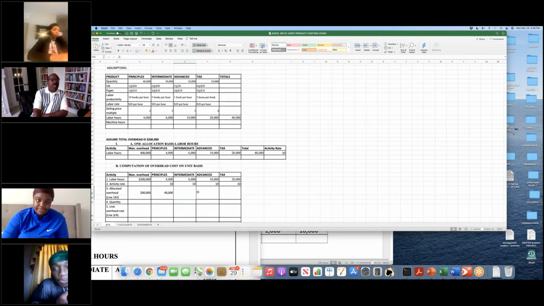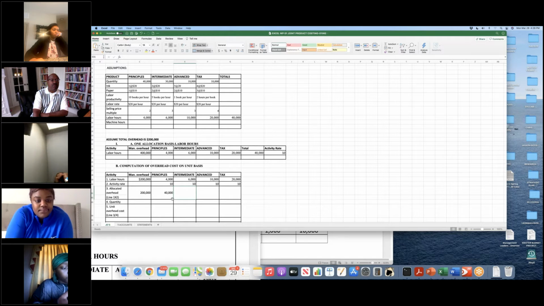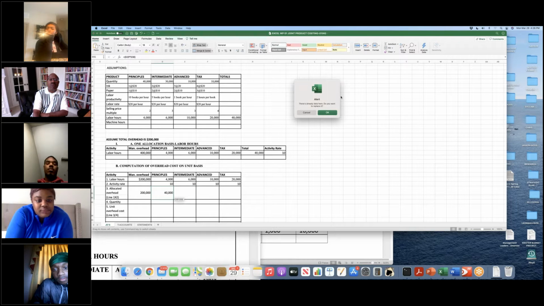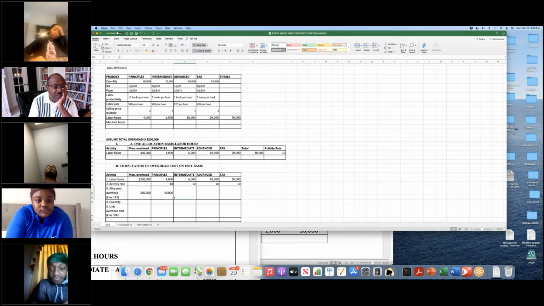Now, suppose we want to copy that formula all the way across. How do we do that? We can put the formulas in, but can we copy it? You highlight the section and drag across intermediate, advanced, and tax, and it should automatically calculate it.